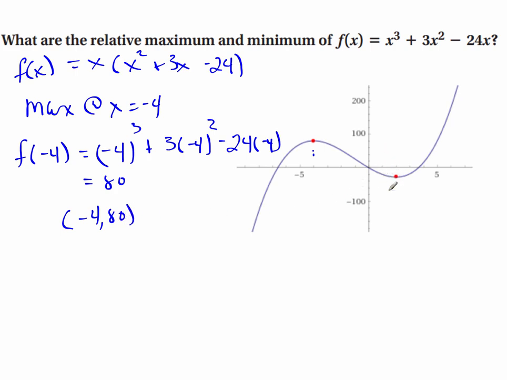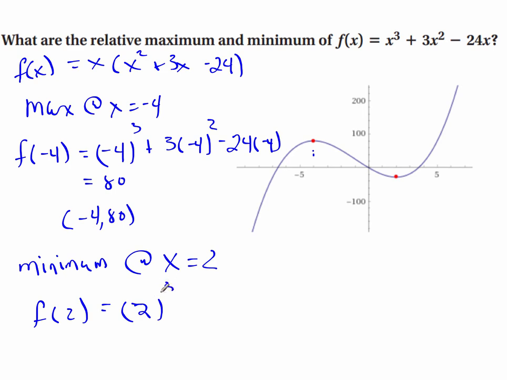And my relative minimum will be right over here at 2. So when I substitute that in, this is 2 cubed plus 3 times 2 squared minus 24 times 2, I'm going to get negative 28.